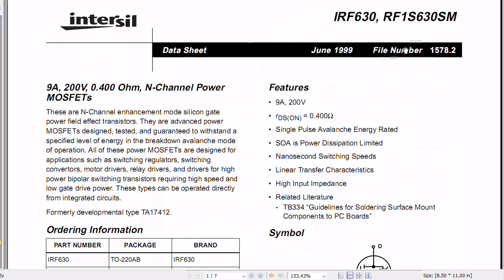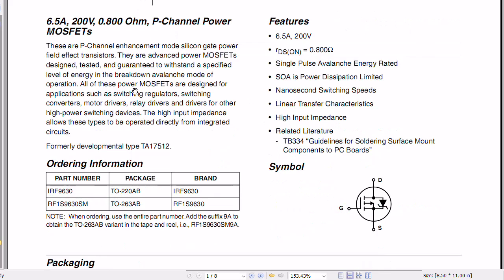The original transistors that I used was the IRF630. That's for the N channel. It has an RDS on of 0.4 ohms. And the P channel was the IRF9630, with an RDS on of 0.8 ohms.